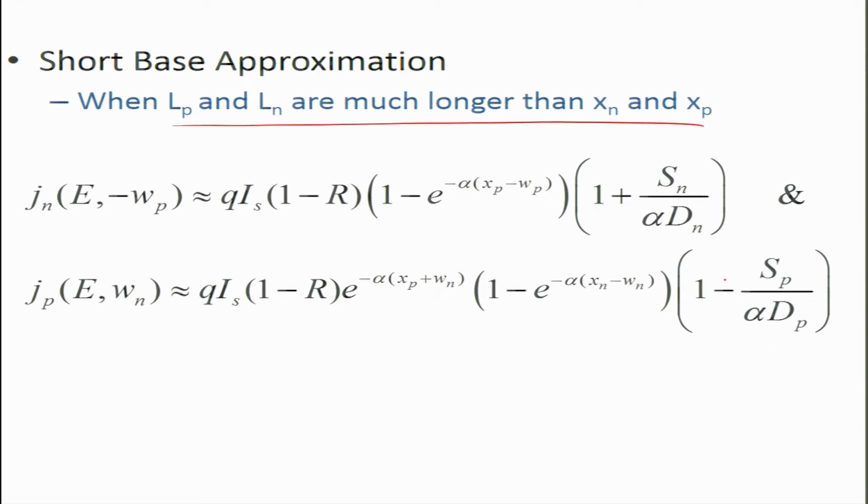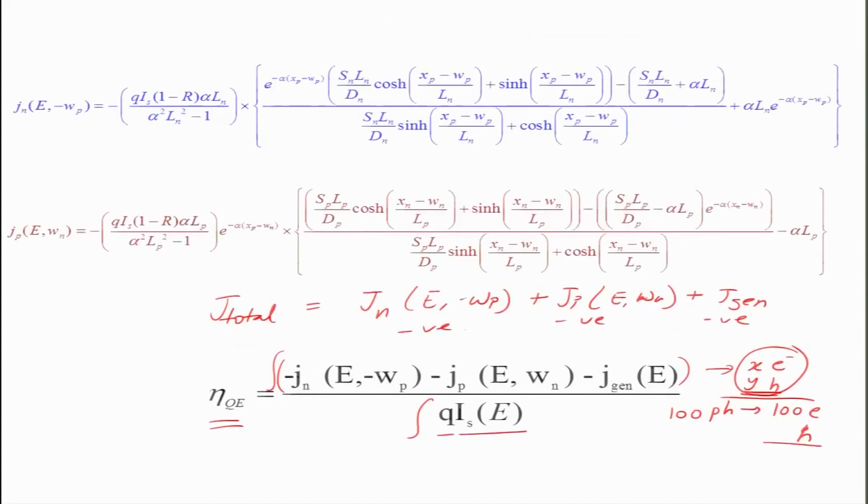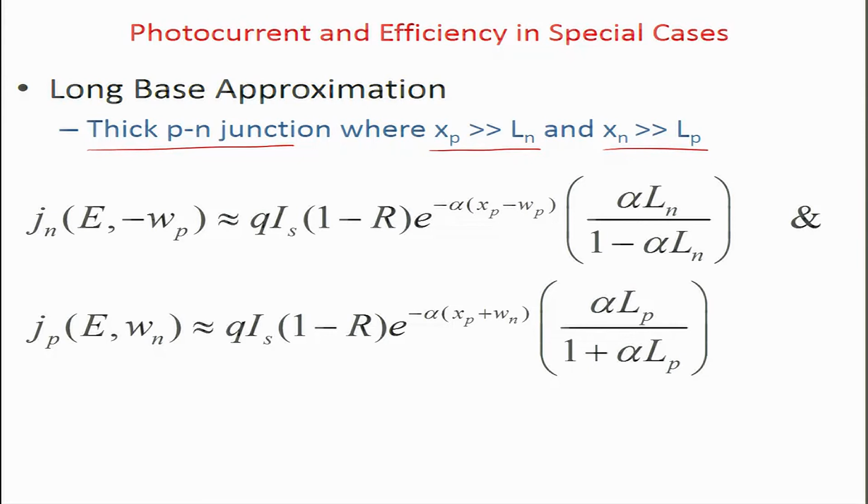What you have is the surface recombination term appearing. This is how you simplify the equations that you see in the first slide. That one has both the terms, the surface recombination term as well as the diffusion length term. So we make these approximations to calculate these currents much more simply.